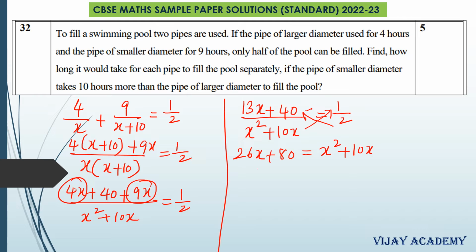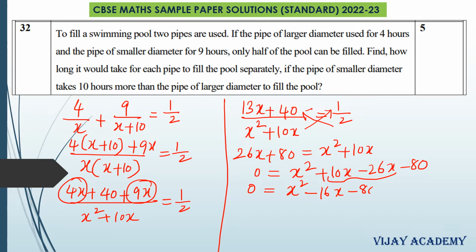Take all the terms to one side. So we get x square plus 10x minus 26x minus 80. So let me add this. We get 0 equals x square, 10x minus 26x together is minus 16x, and write minus 80 as it is. Now we got the quadratic equation.